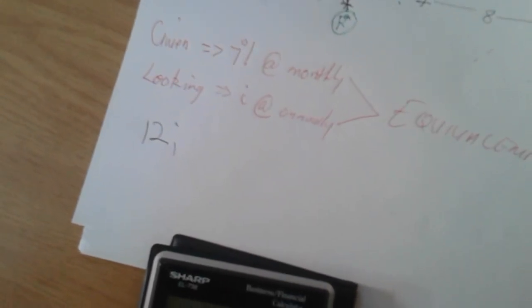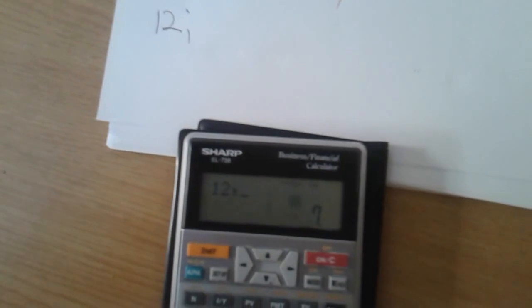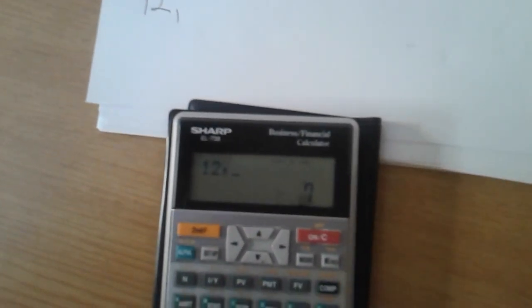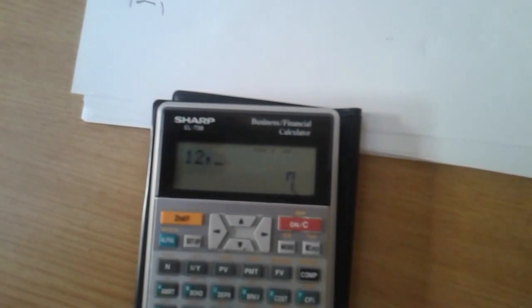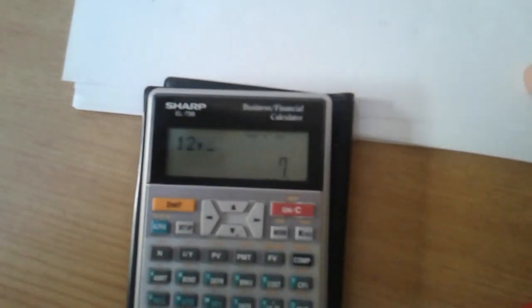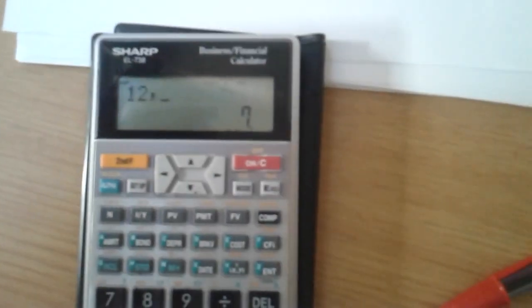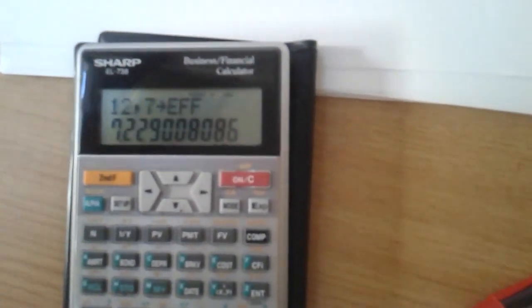So 12 XY, and then we now put the rate, which is 7, the rate that we want to change. And then we are looking for a rate that is compounded once a year, which is the same as the effective rate. So you press second function PV, which is that EFF.